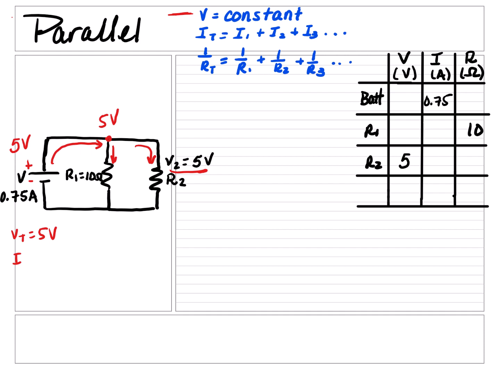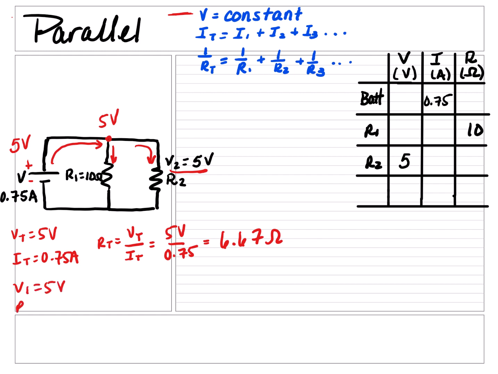We know the total current is 0.75 amps. So R total is equal to V total divided by I total, which is 5 volts divided by 0.75, which equals 6.67 ohms.